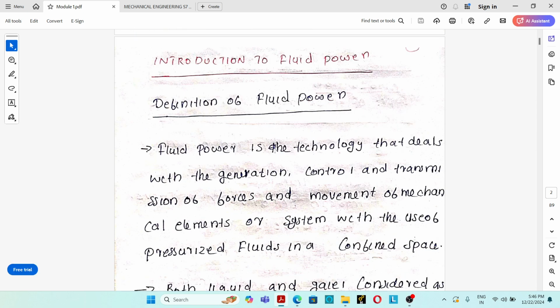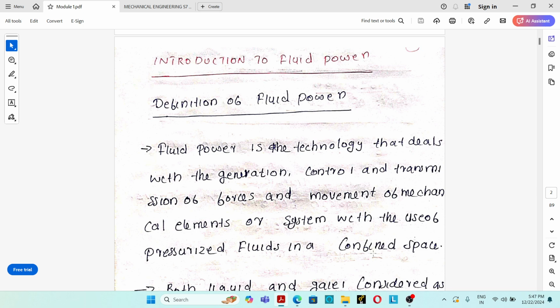So what is the definition of fluid power transmission? This definition you have to remember. Fluid power is a technology that deals with the generation, control and transmission of forces and movement of mechanical elements with the use of pressurized fluid in a confined space.